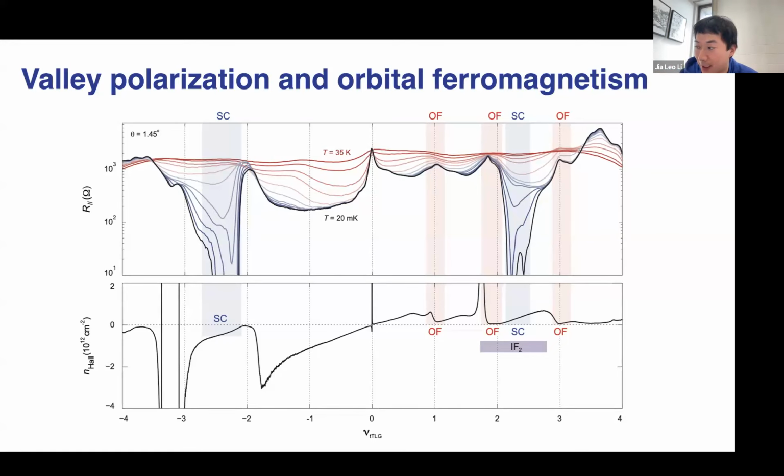So I believe those points are the scenario where you have valley polarization, but you don't have orbital ferromagnetic order. And in fact, the hysteresis I'm showing is taken on the whole doping side, where there's no orbital ferromagnetic order. At least there's no report of that so far in graphene moiré systems. So what that shows is that you could have valley polarization without orbital ferromagnetic order.